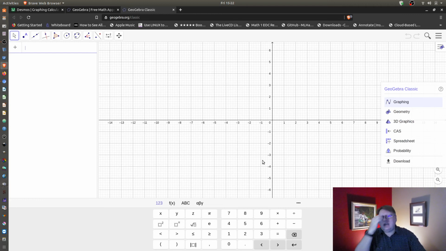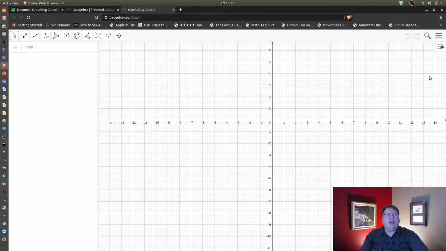So you get this nice little workspace. You get a coordinate plane. There are some other things over here. I can do 3D graphics, computer algebra system, spreadsheet, probability, whatever. But again, I'm just going to click on here, and notice these buttons at the top. I have points.